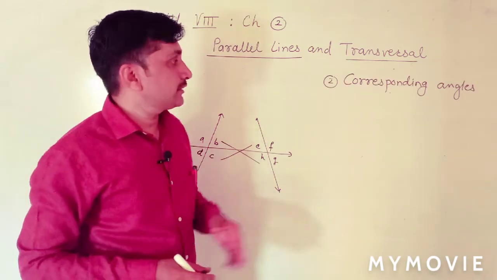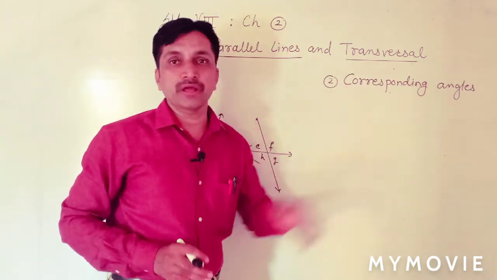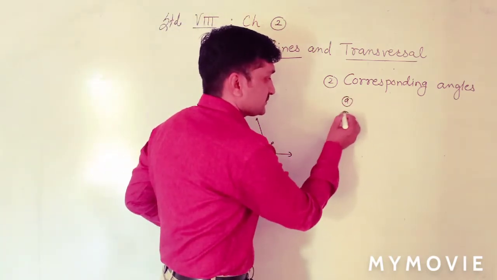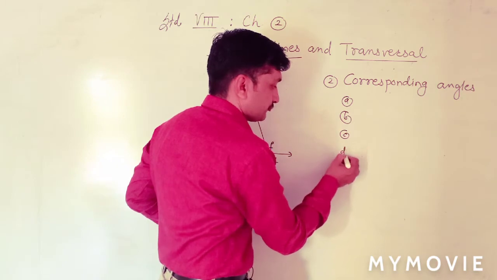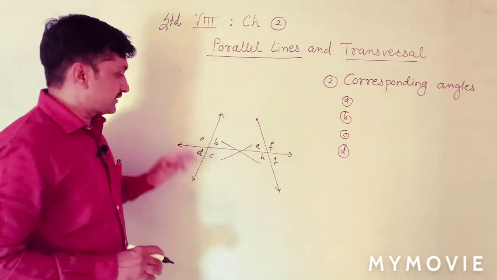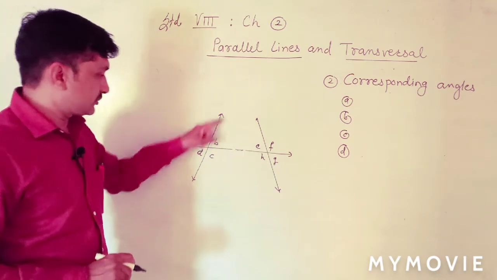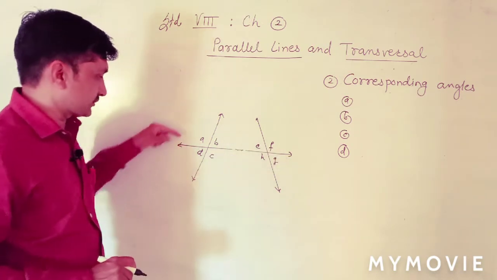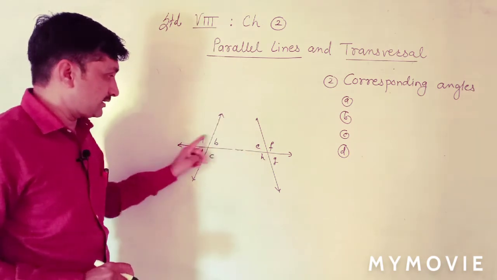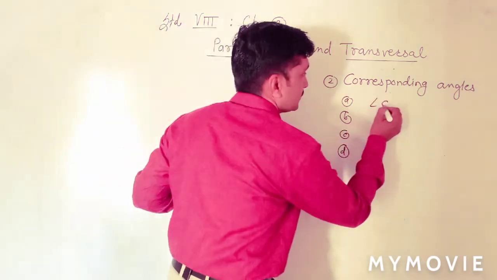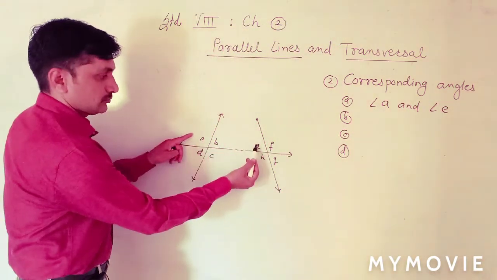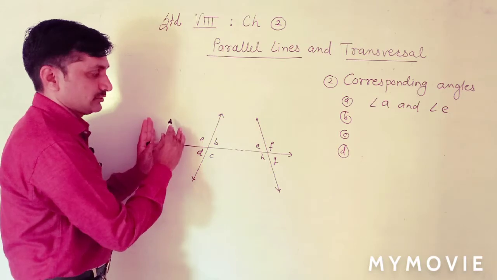After interior alternate, we want corresponding angles. There are 4 pairs of corresponding angles. Now let's see. Here, these are 2 lines and this is the transversal. Now A with E, angle A and angle E, on the same side of the transversal.